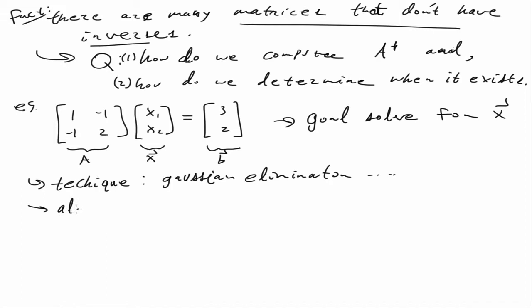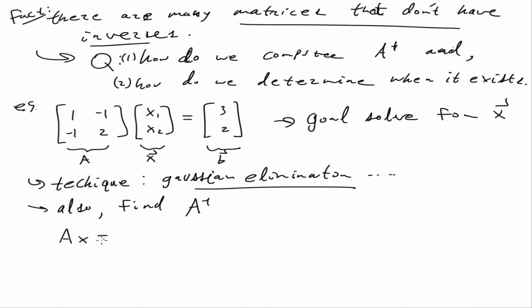Instead of doing Gaussian elimination, we could find A inverse. Then if we had AX equals B, where these are vectors, I multiply both sides by A inverse.